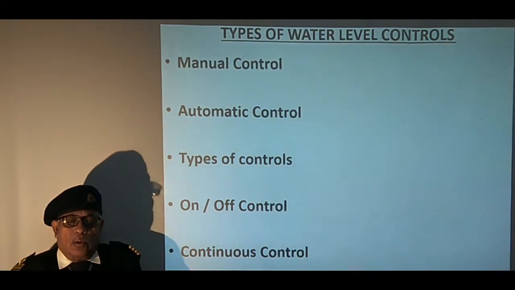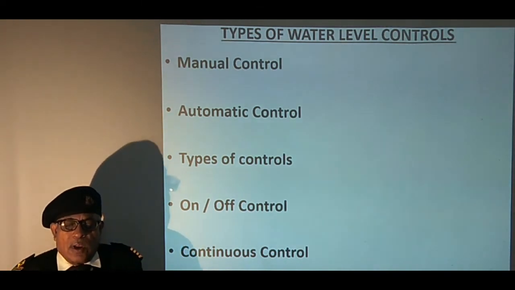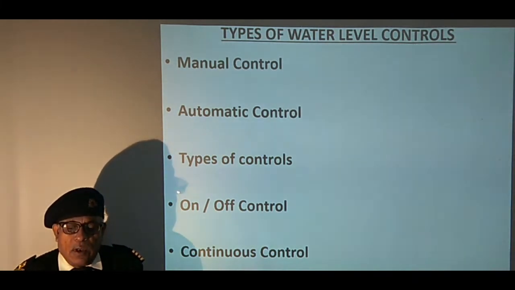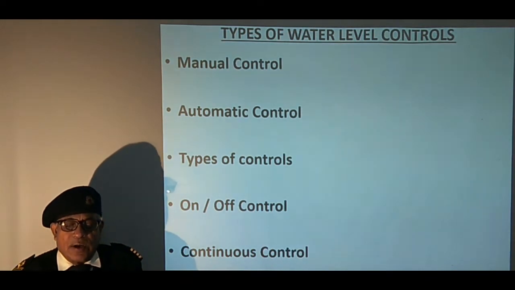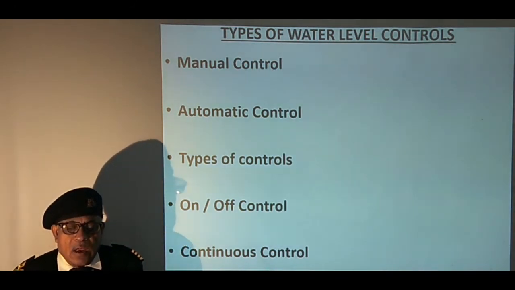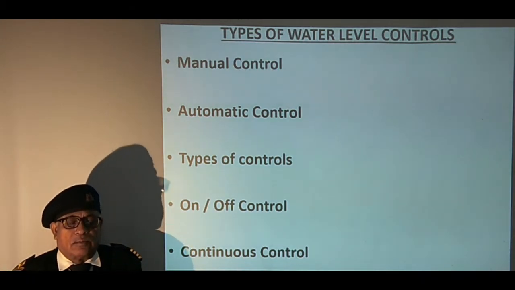Continuous control on earlier boilers was obtained by varying the number of strokes of the steam operated reciprocating feed pump. Reciprocating pumps were later replaced with steam turbine operated centrifugal pumps, and the level was controlled by varying the RPM of the turbine. In modern boilers, it is activated by controlling the valve positioner.